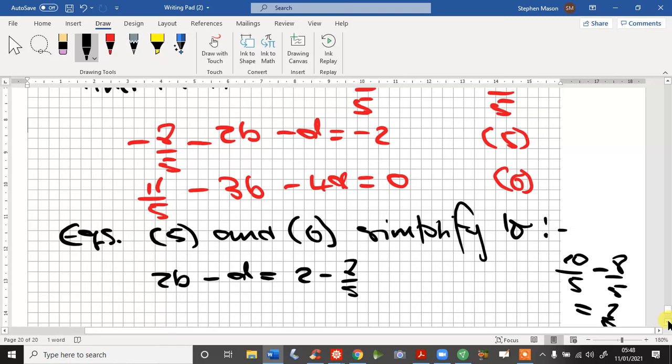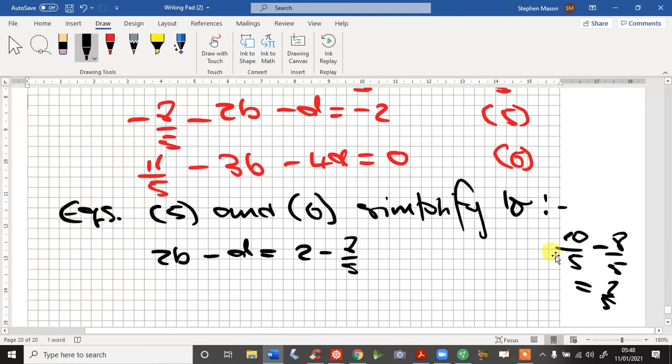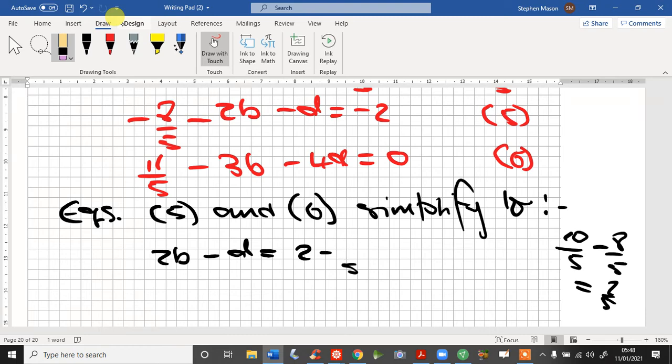Right, so let's just scroll up a bit. So that's equal to 2/5.